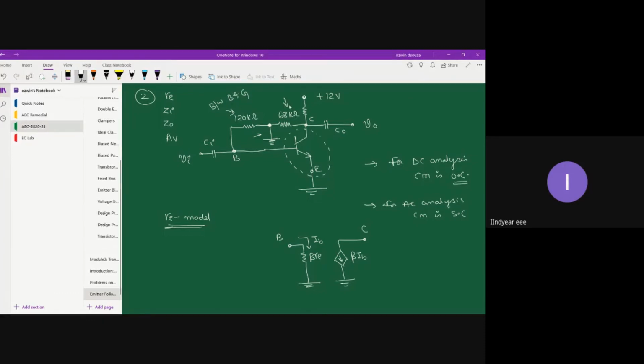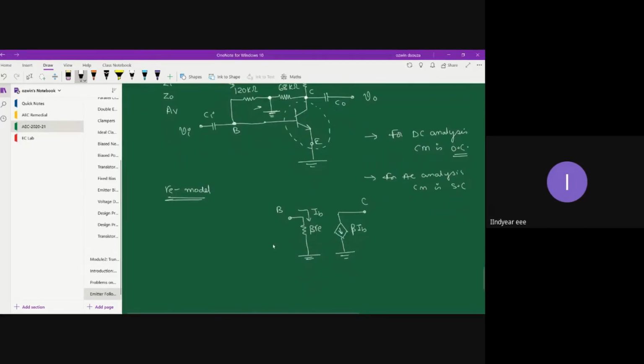And this 68 kilo ohm resistor is getting connected between collector and ground. So we will place the 120 kilo ohm resistor between base and ground. Similarly, on the output side, let us place the 68 kilo ohm resistor between collector and ground.